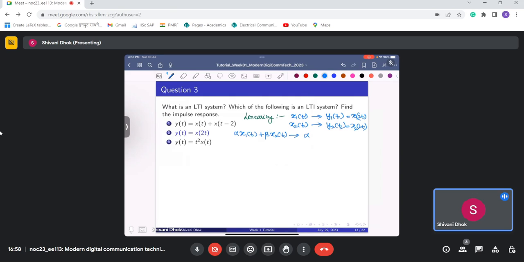So I have alpha x1(2t) plus beta x2(2t), which is equal to alpha y1(t) plus beta y2(t).